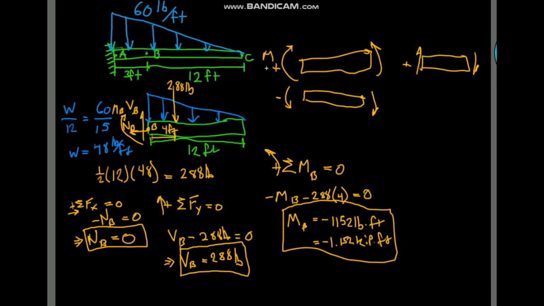And then remember to follow these conventions for the moment and the shear force. And solving the forces is relatively straightforward. For the most part, your normal force oftentimes is going to just come out to be 0 because your support force will be the only force in the x direction.